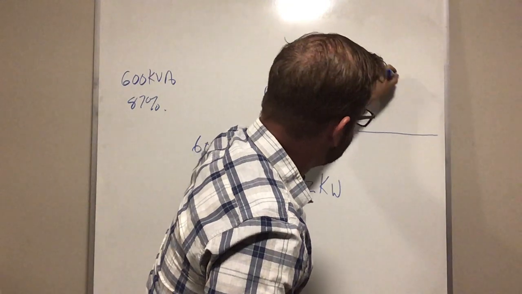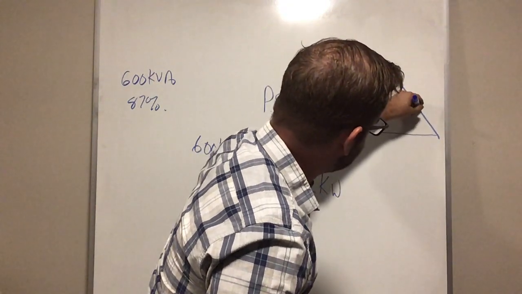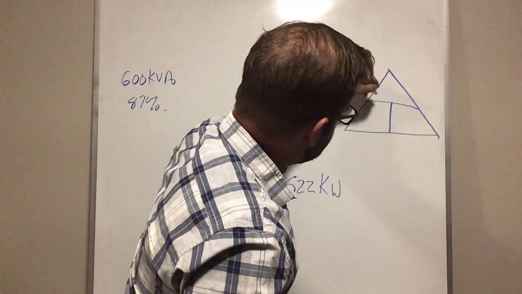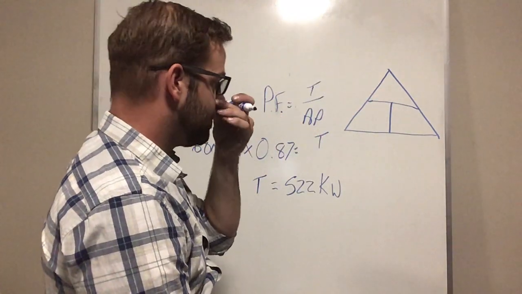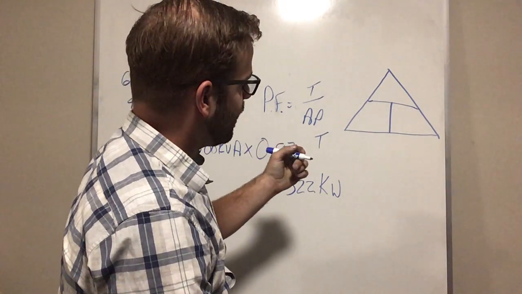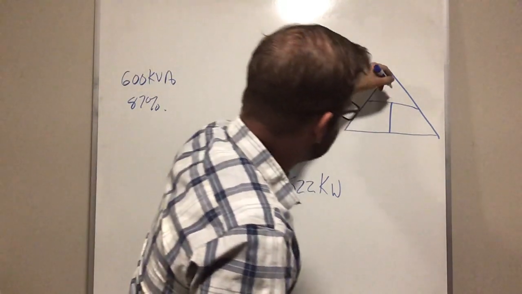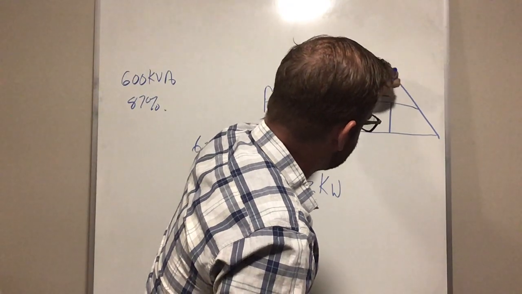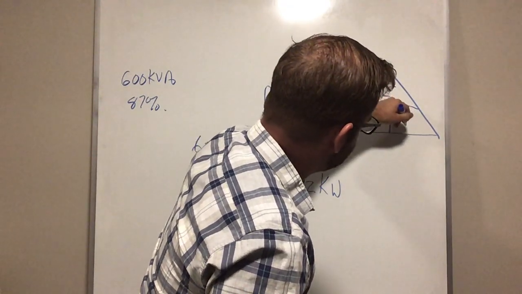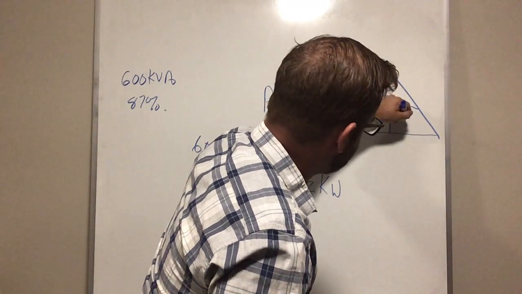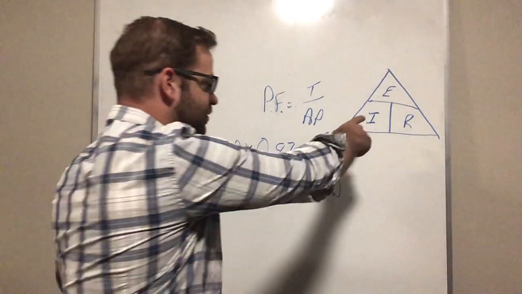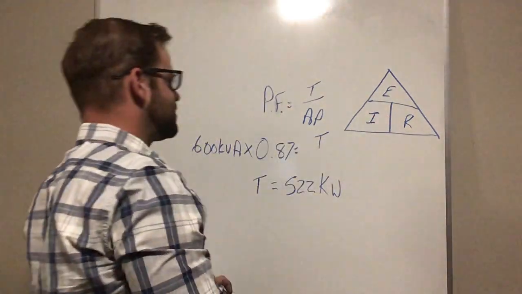Anything that's 3 values, you can put in a triangle, and I know some of you really like triangles. So obviously you remember E is equal to I times R, where we had the voltage and the current times the resistance.